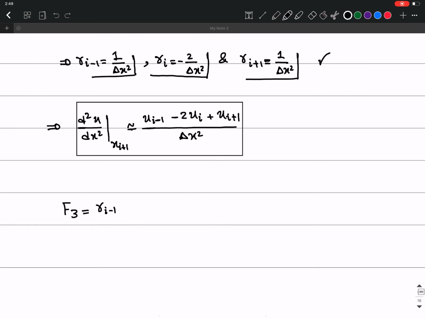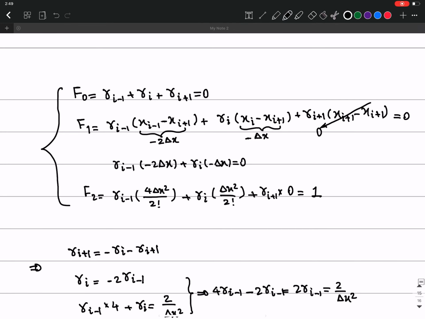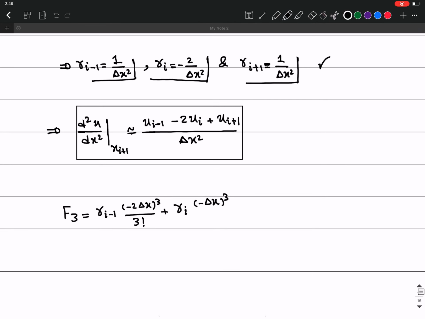So we have minus 2 delta x to the power 3 over 3 factorial, plus gamma i minus delta x 3 to the power 3 over 3 factorial, plus gamma i plus 1 again times 0.